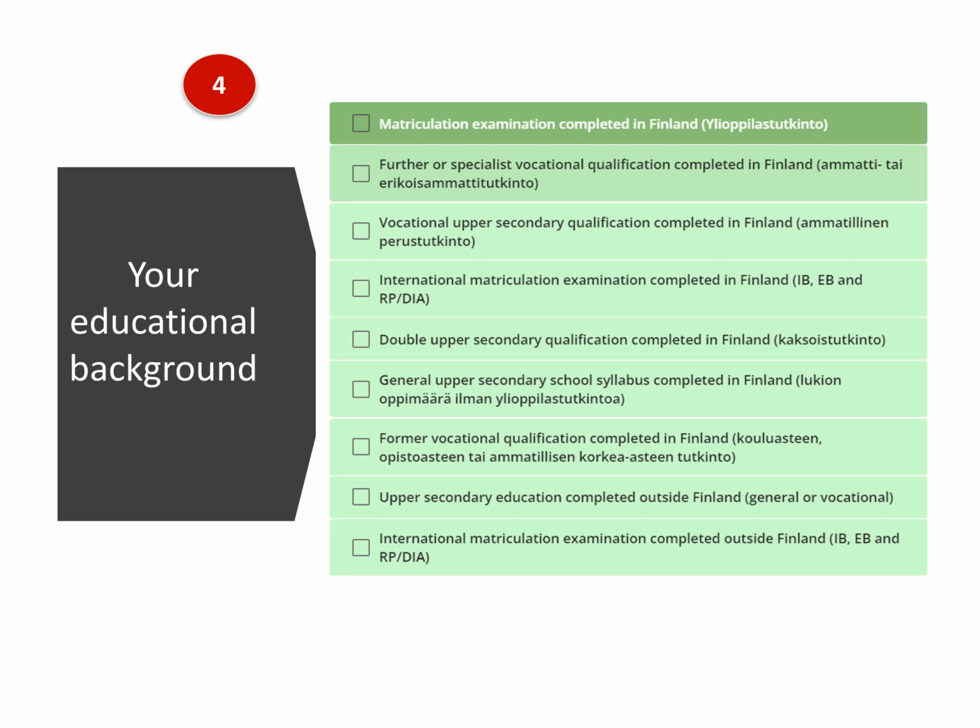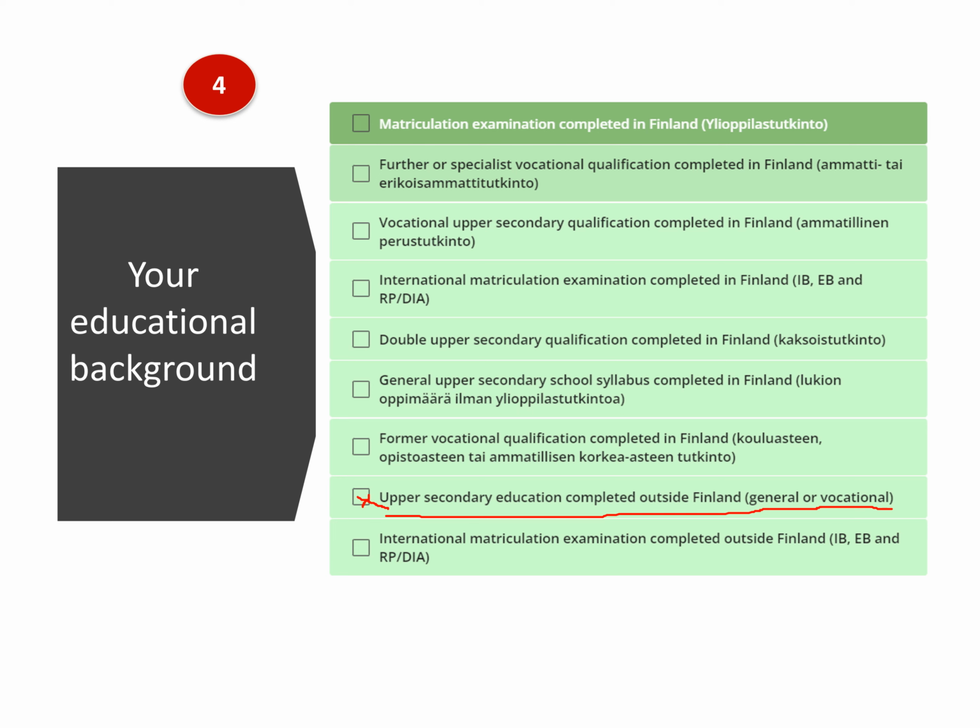Just select these two options. Upper secondary education completed outside Finland, general or vocational. Then you have international matriculation examination completed outside Finland. So you have done upper secondary, or you have done matriculation. So these options are critical for you.